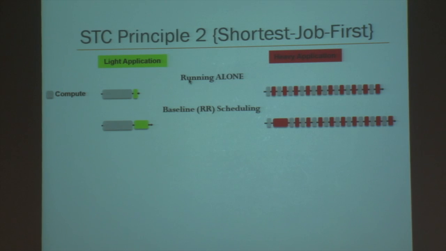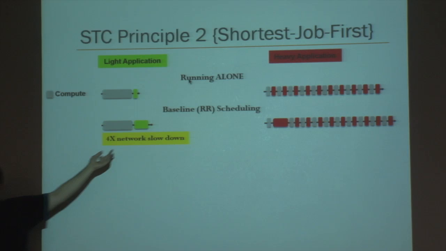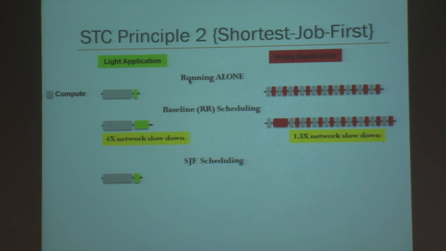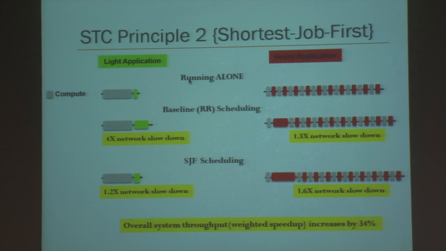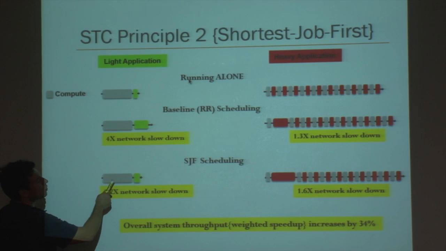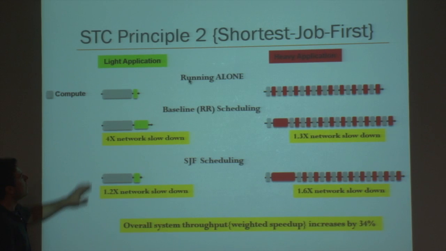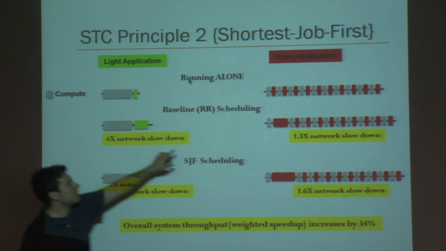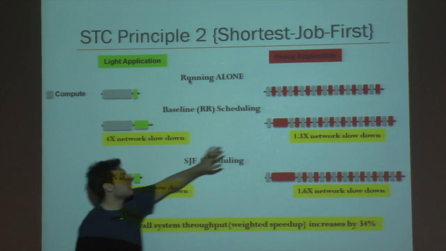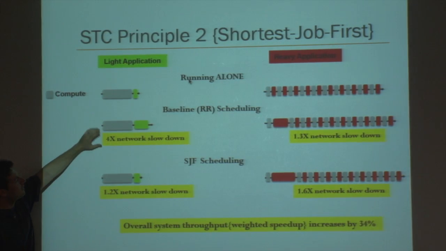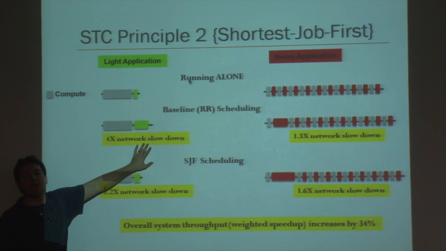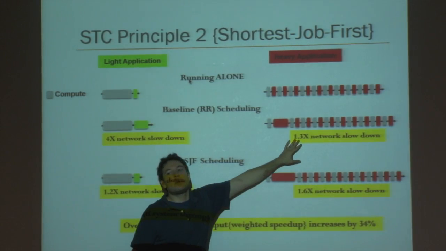I'll go slightly quickly, but just to show an example: a light application, which just generates a few packets. If the baseline is running alone, and you do round-robin scheduling, you service one or the other. And I guess the takeaway point from here is, if you look at the relative slowdowns, if I prioritize the big guy, the one that has the many jobs, then the guy that has the short job experiences 4 times the network slowdown, and this guy only gets a 1.3x slowdown.